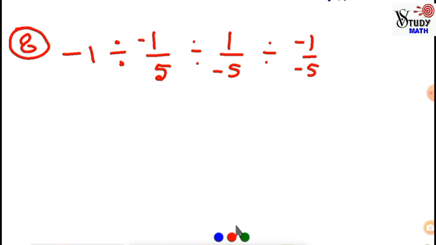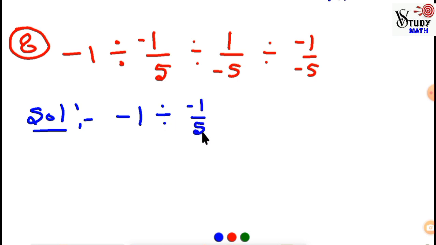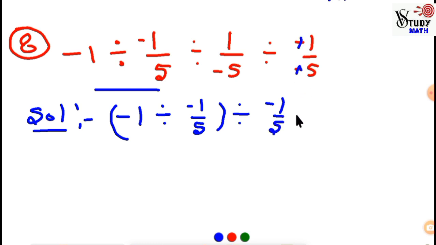So how can we solve this question, my dear students? It is a very easy question. We solve this question from left to right. 1 divided by negative 1 by 5. Now here this negative sign cuts this negative sign and it becomes 1 by 5.